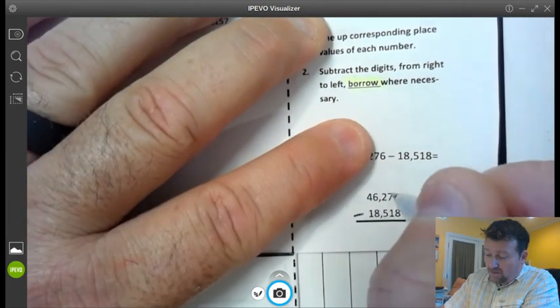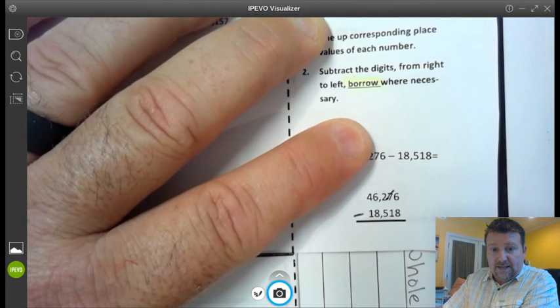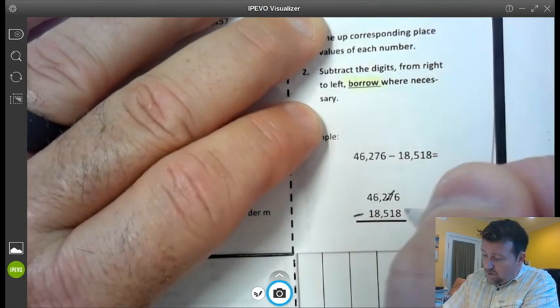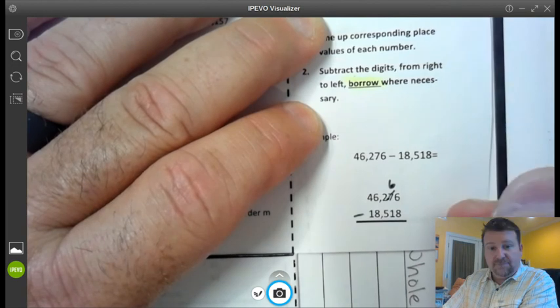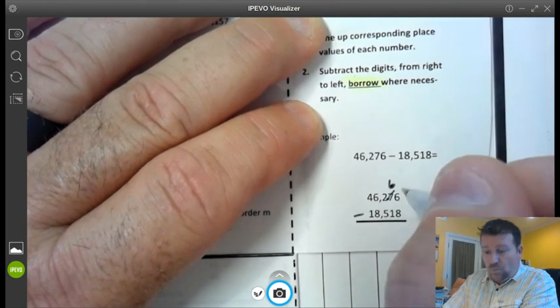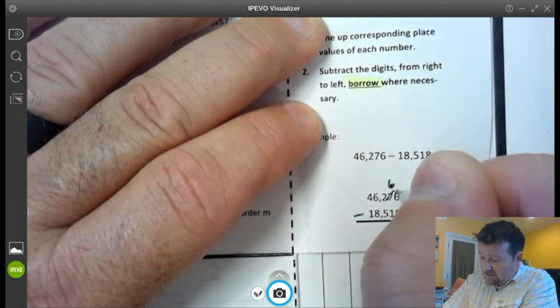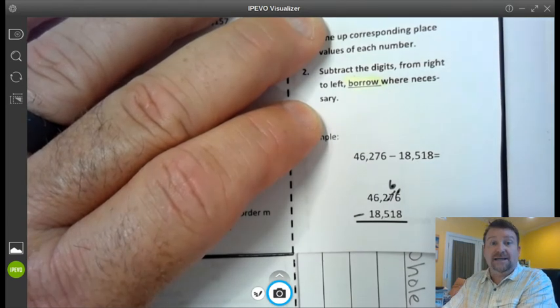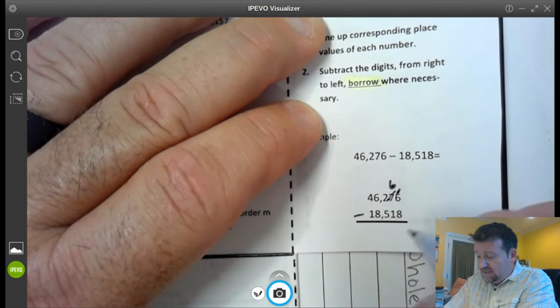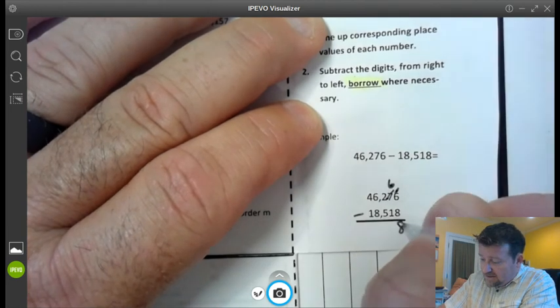When I borrow from a number, I mark it out and I decrease it by 1. So take 1 away from 7 and I get 6. But now I add the one I borrowed to the 6 over here, making it 16. So now I can take 8 away from 16 and I get 8.